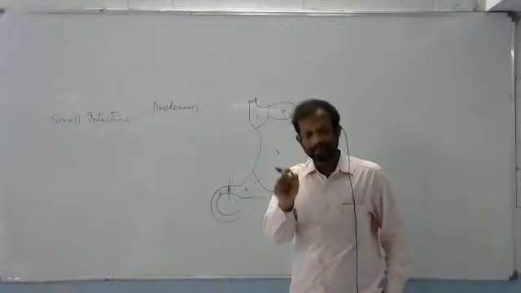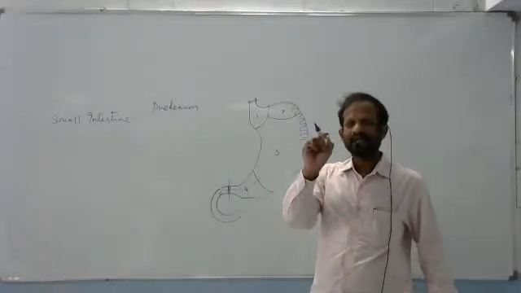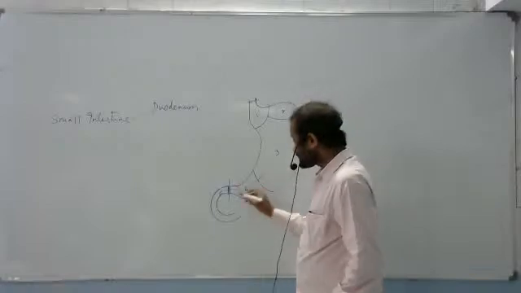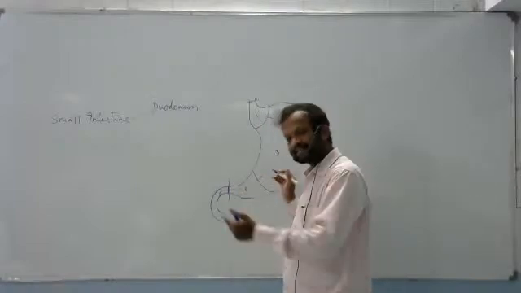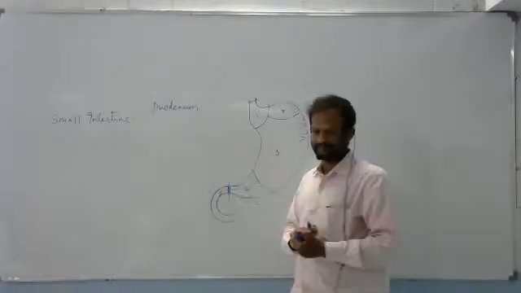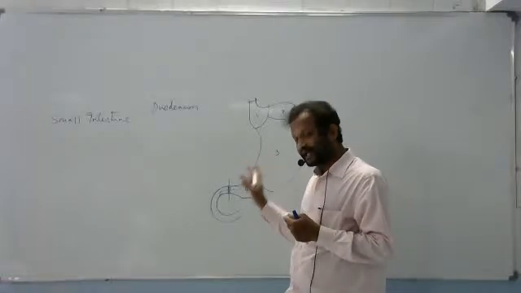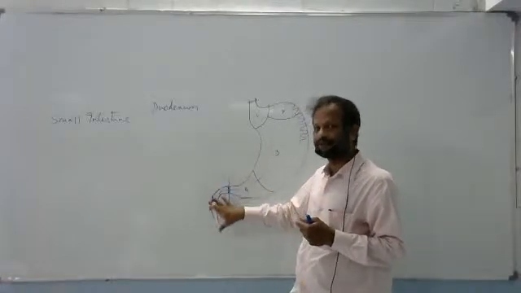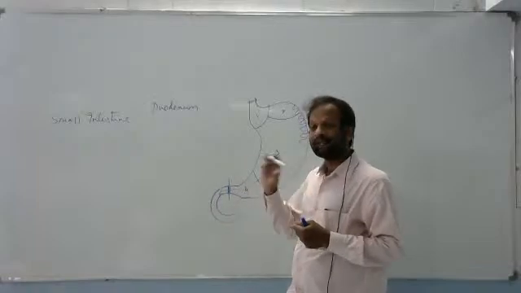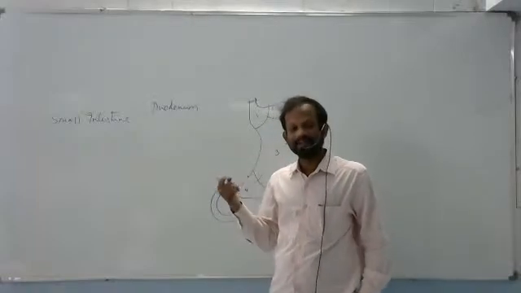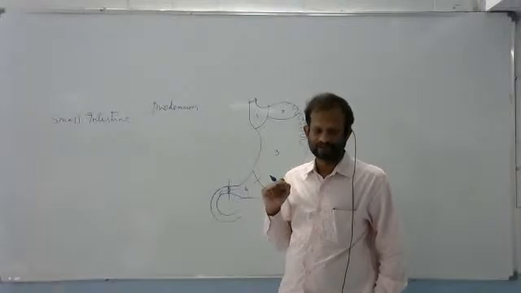Duodenum is a very important region of the alimentary canal. Why? This duodenum will receive 2 different types of juices, and they will mix with the food in the duodenum. One is bile juice and the other is pancreatic juice.